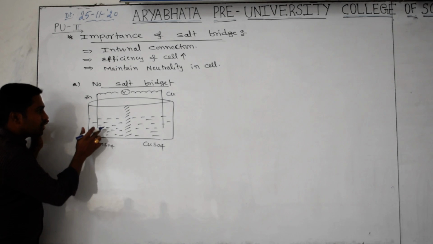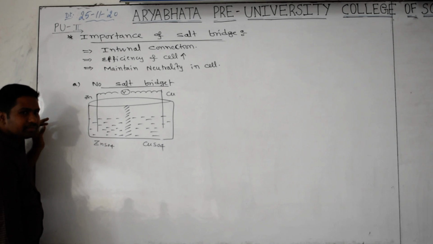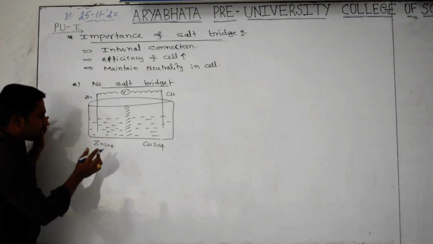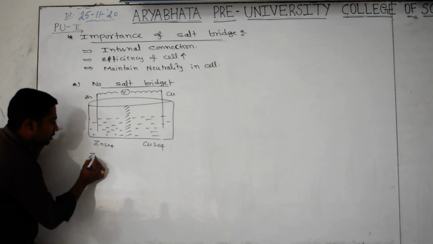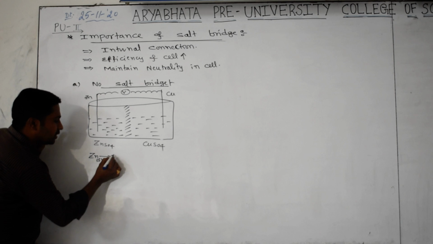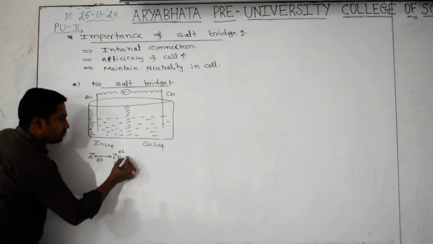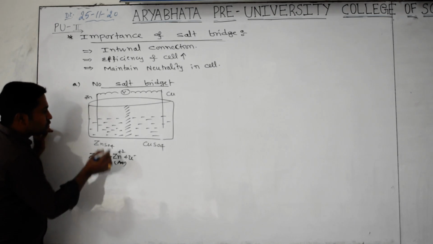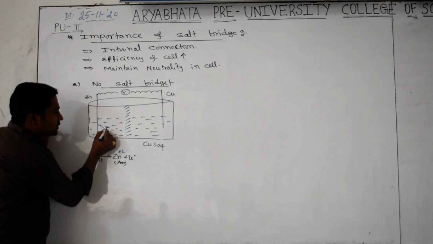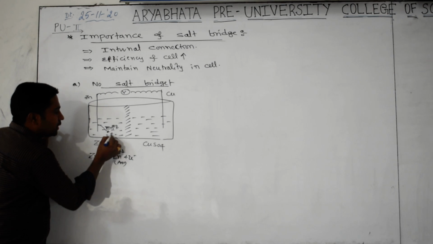As time goes on, at the zinc rod what happens? It undergoes dissolving, meaning the zinc rod, a solid, decomposes as Zn2+ going into the aqueous medium plus 2 electrons. So from the zinc rod which particles are coming? Zn2+ plus electrons.